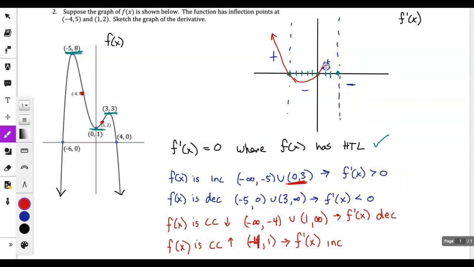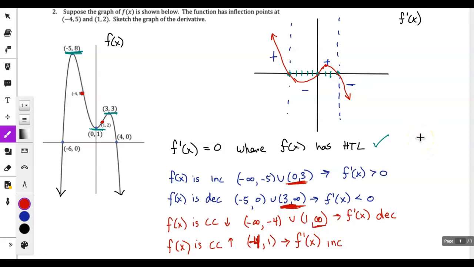So I'm up here. And then what happens next? I have to decrease from 1 until infinity. And I'm supposed to stay positive until I get to 3. So decrease and stay positive until I get to 3. Then after 3, I'm allowed to go negative, but I keep decreasing. And so it looks like that.